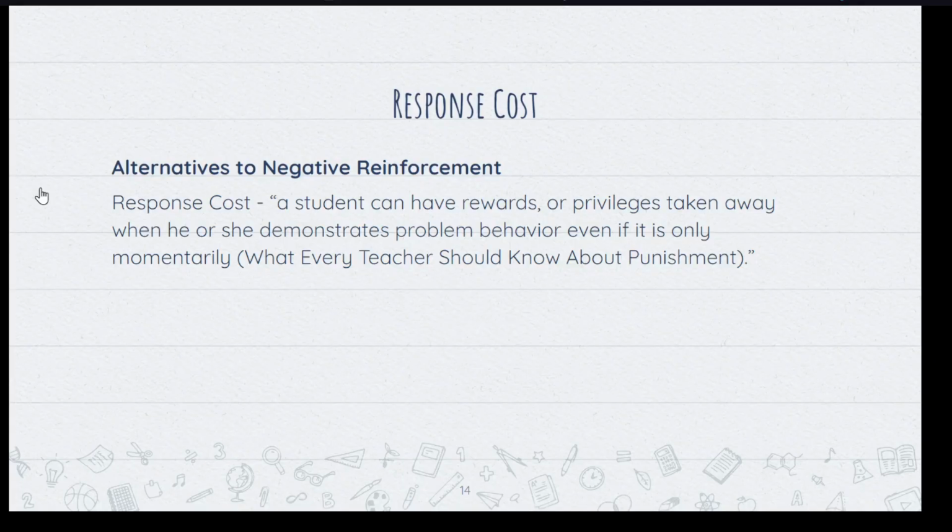Response cost. So these are alternatives to negative reinforcement. Response cost is basically a student can have rewards or privileges taken away when he/she/they demonstrate problem behavior, even if it is only momentarily. So let's say you have a child who's the line leader for that day.